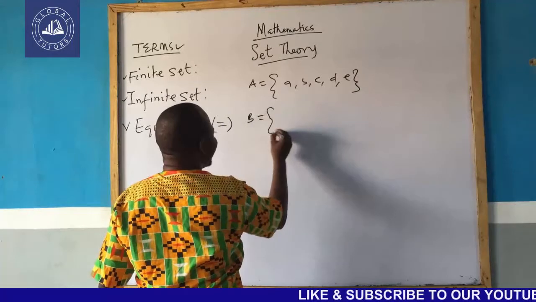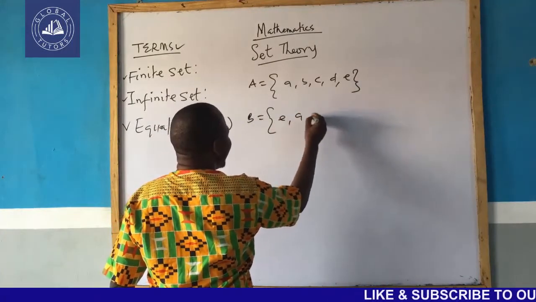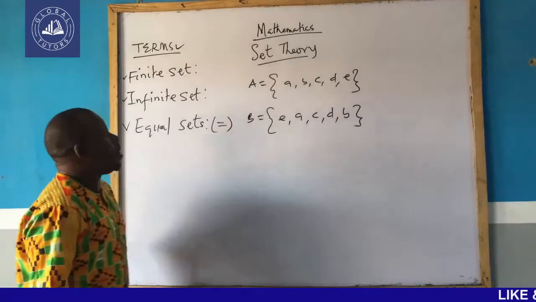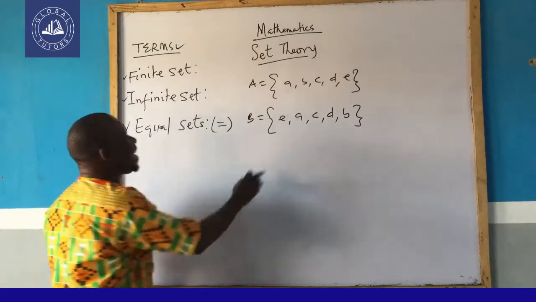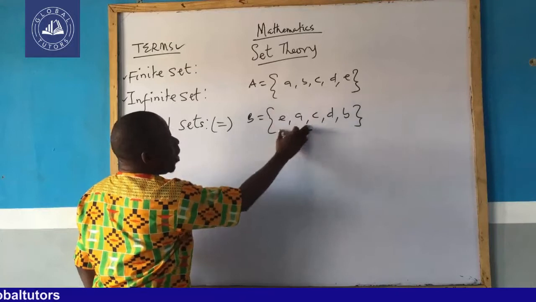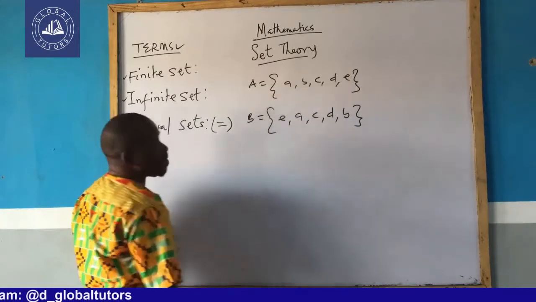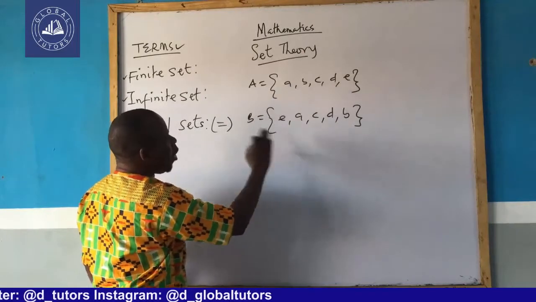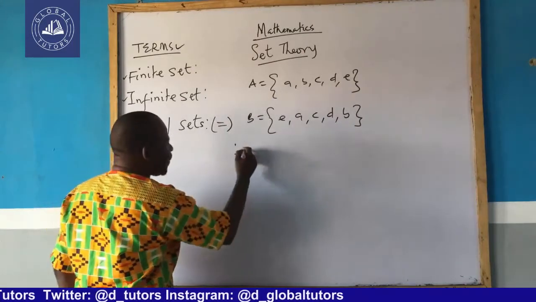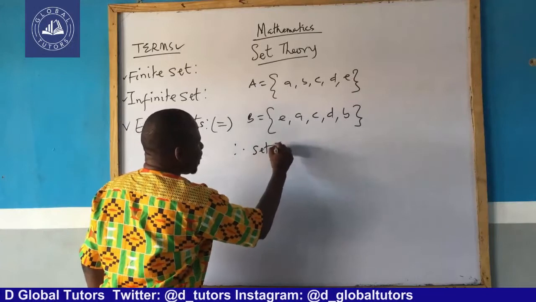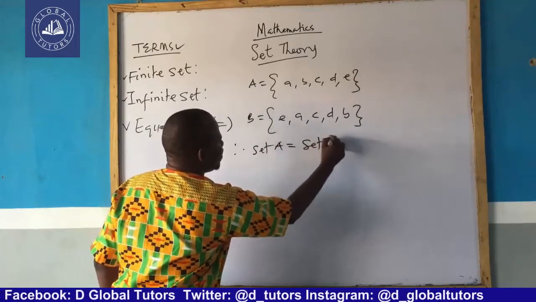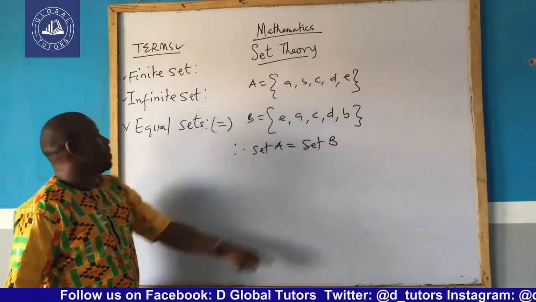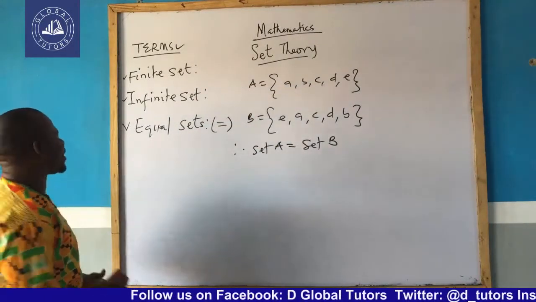Then set B is {E, A, C, D, B}. Now, if you look closely, the elements that are in A are also in B, the same. There are no differences. The only difference is the arrangement of the elements. Therefore, set A is equal to set B. Why? Because they contain the same elements. So we call it equal sets.